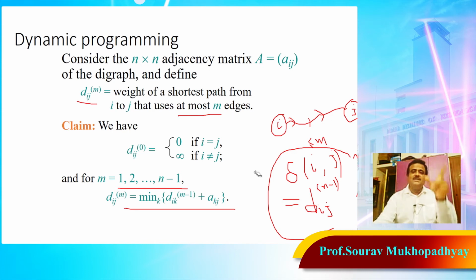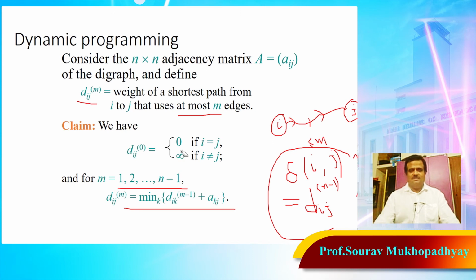So d_ii^(0) is 0 if i is equal to j, because we are at i, and the best thing is to stay at i, which is the shortest path if there is no negative cycle.